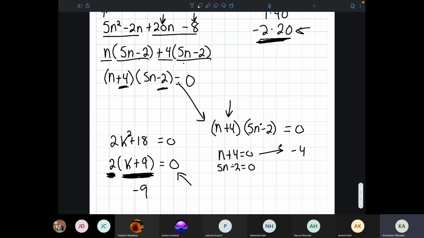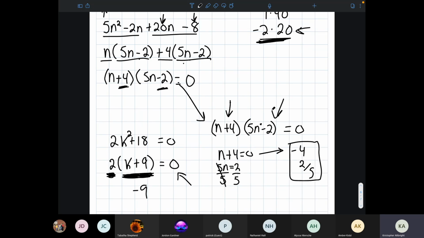So I'm going to add 2 across. Now I'm going to divide by 5. So I'm going to be left with 2/5. Either of these numbers, if we plug them in for n, are going to give us 0 here.